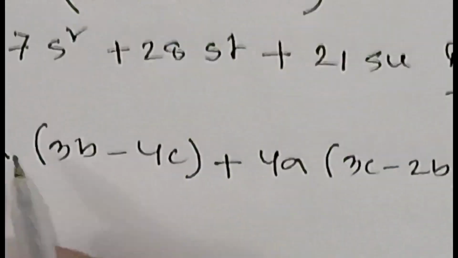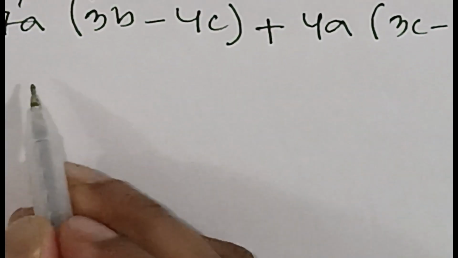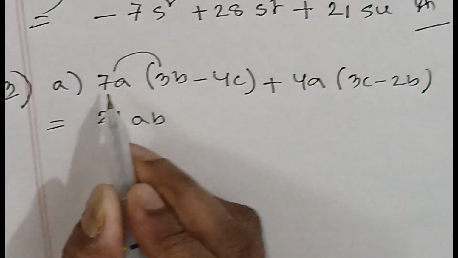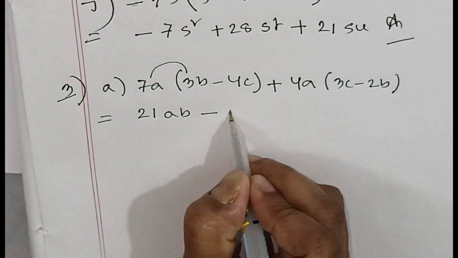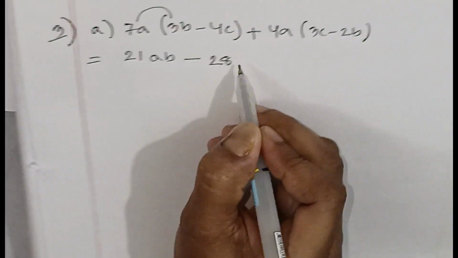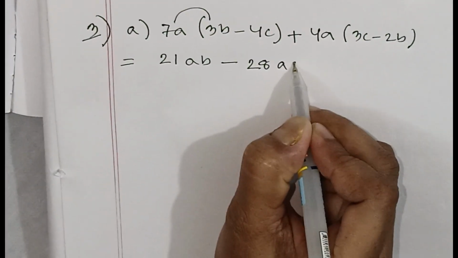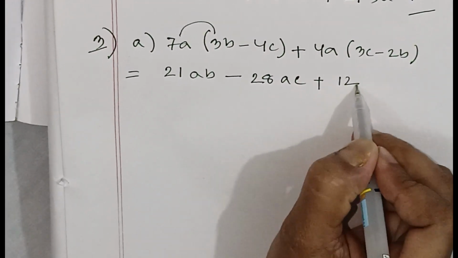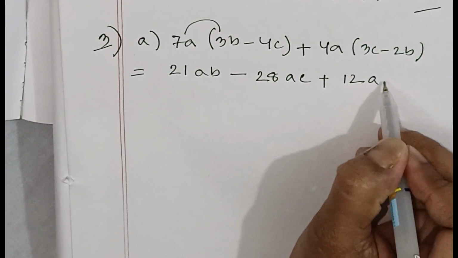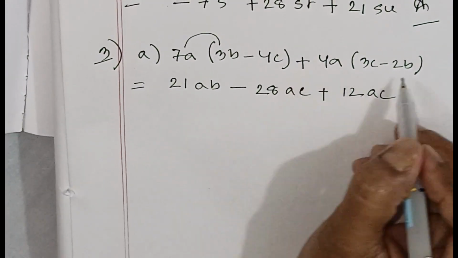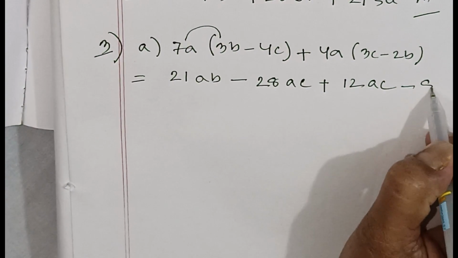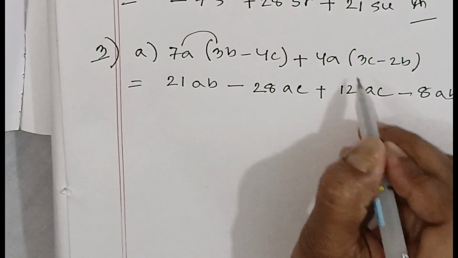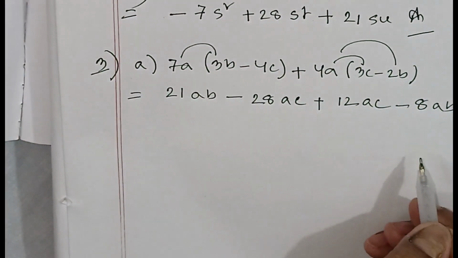Same way, 7a into 3b, 7 threes are 21 and variables multiply, ab, plus. Minus 7 fours are 28 and a into c, that means ac, plus 4 threes are 12 and ac, plus. Minus 4 twos are 8 and a and b multiply, ab. Okay, in this way.